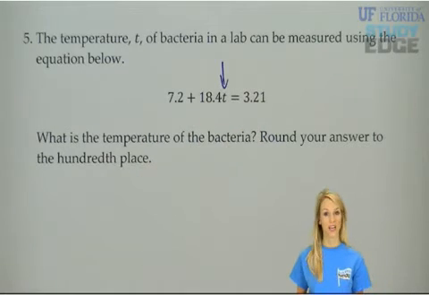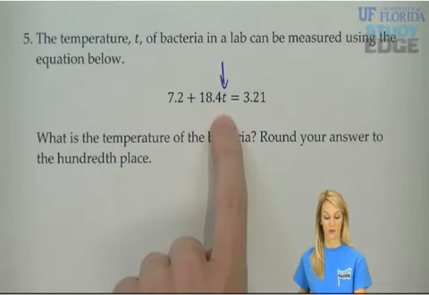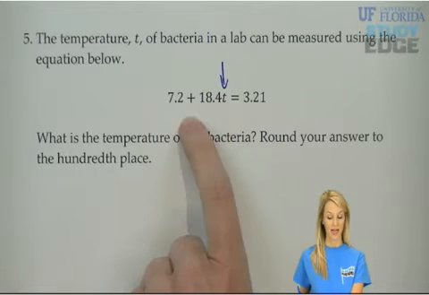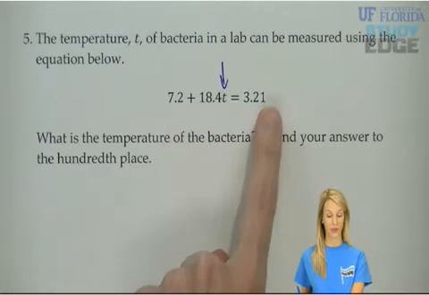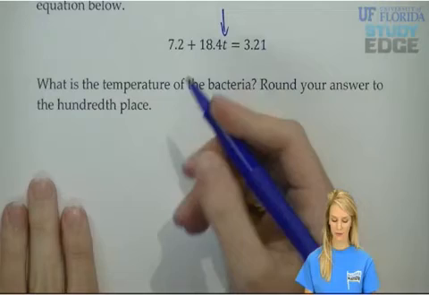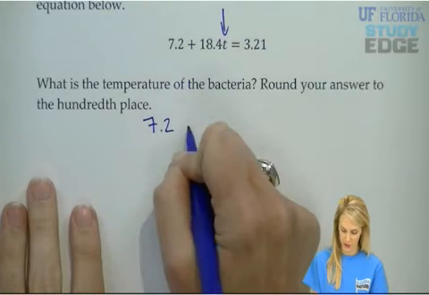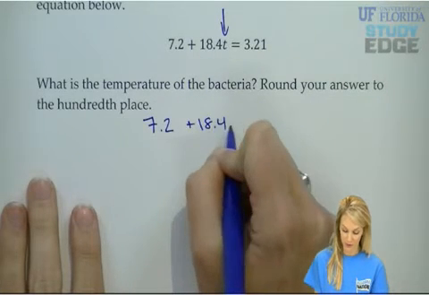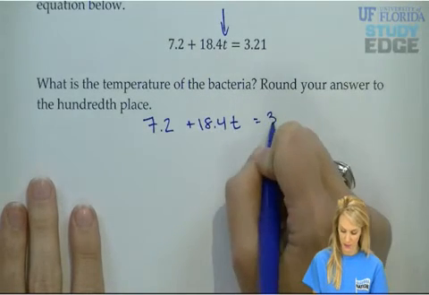So we need to figure out what that temperature is. Let's write out this equation: 7.2 plus 18.4 T equals 3.21.